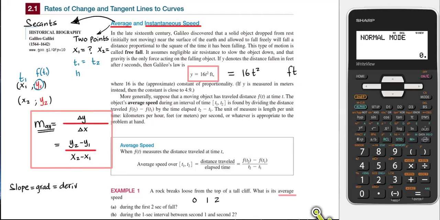So when I began, T1 was 0, and I ended when T2 was 2. Is it making sense to you now? Yes. All right. So the story is saying, we are giving you the initial time, T1, which is 0, and T2 is 2 seconds.